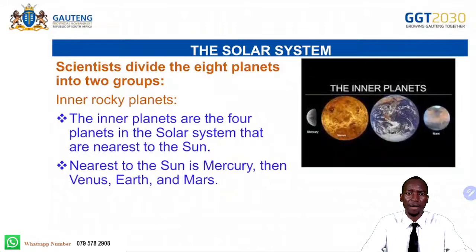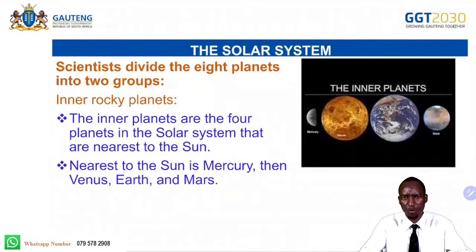Remember that Mercury is the closest planet to the sun, followed by Venus, followed by planet Earth, then finally comes Mars. And these 4 planets are all grouped into a very special group which is called the inner rock planets.